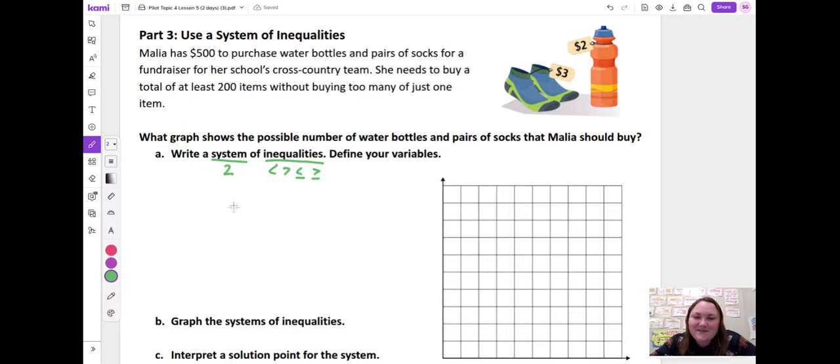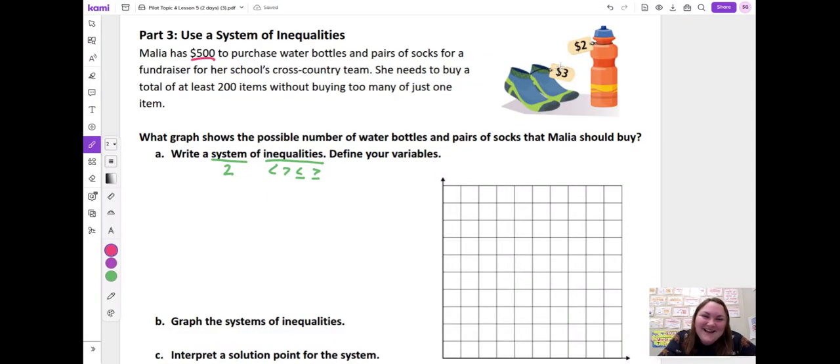us represent it. Because it's a system, I'm going to start the same way we started systems of equations and identify my two constraints, my two types of information I have for this situation here. One type of information is money. We know one of her limitations is she has $500 and the limitations of the prices over here.